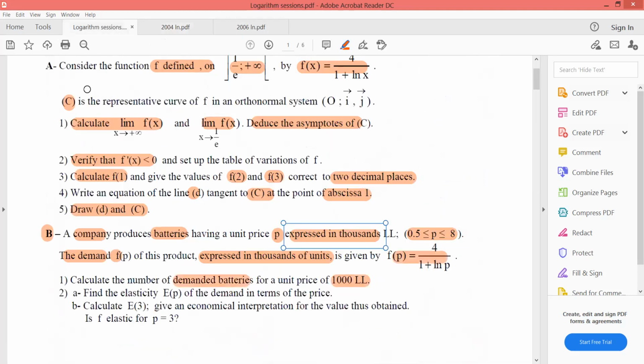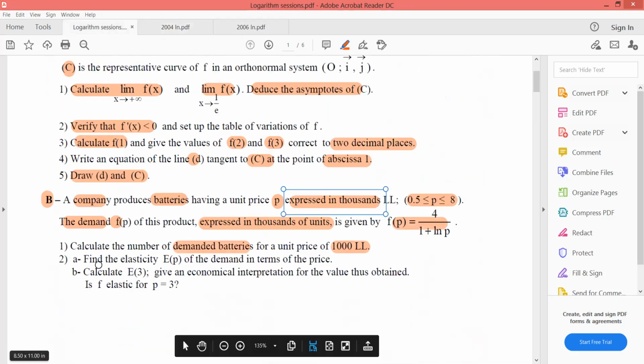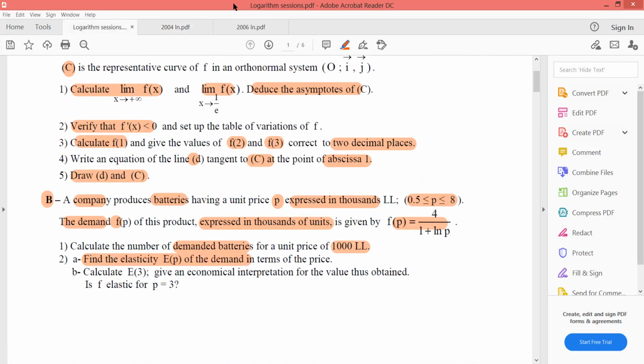Now we go to part 2A. Find the elasticity of the demand. We have the rule for elasticity, we remind you of it.